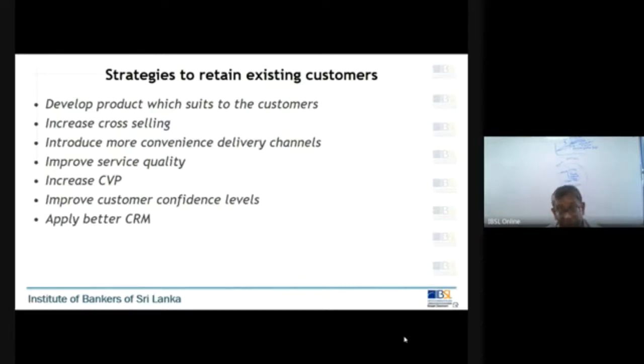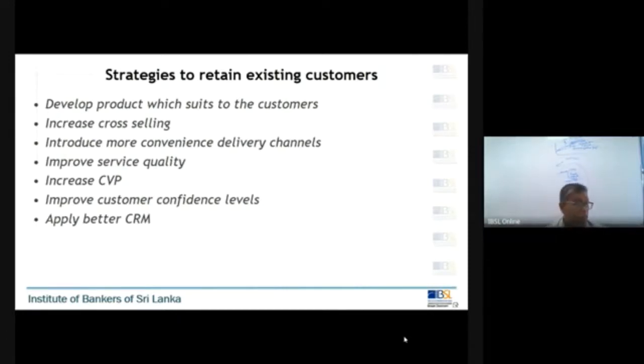Not only for that, but also account processing and follow-up. CRM is some sort of a digital aspect, right? By implementing these strategies, you can keep your existing customers with you.